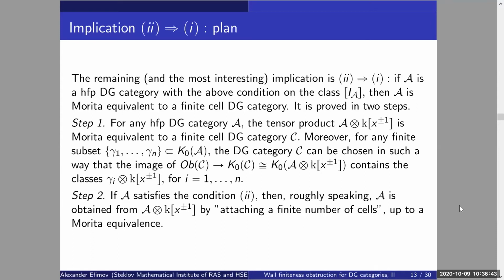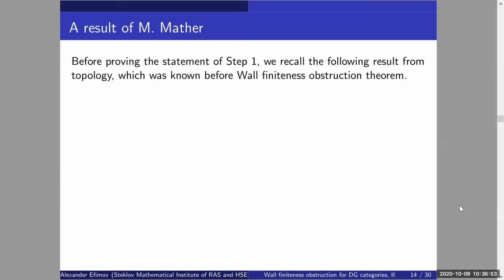Okay, so now I will start with step one, but before step one, I will recall a topological result, which is a kind of version of step one for topological spaces.